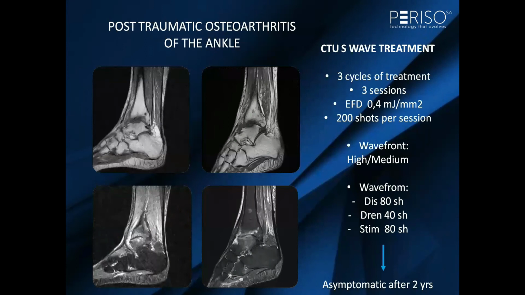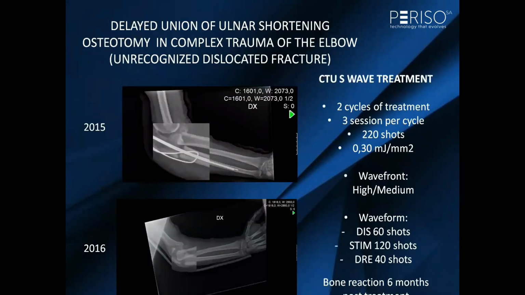This is another clinical experience, bone marrow edema in an advanced degree of osteoarthritis. In these patients, I can treat without pain and successfully give a series of treatments with high energy. This case was asymptomatic after 2 years of treatment.